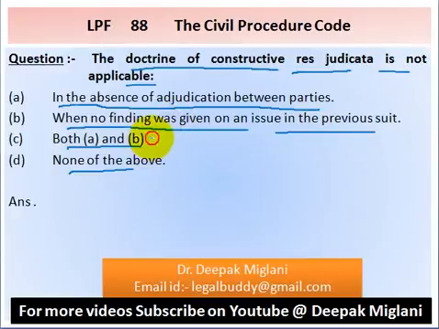Answer is option C. The doctrine of constructive res judicata is not applicable in the absence of adjudication between parties. It is also not applicable when no finding was given on an issue in the previous suit. Answer is option C.